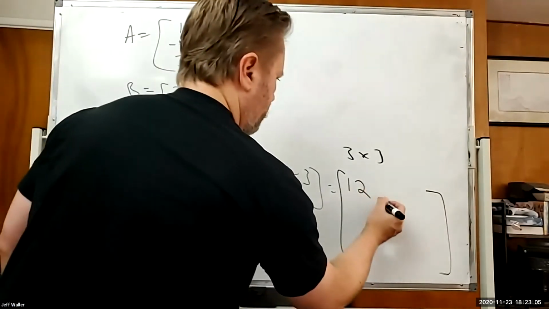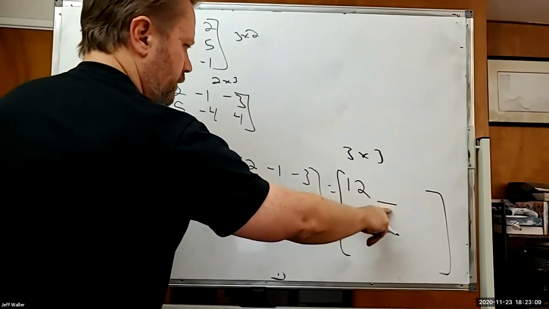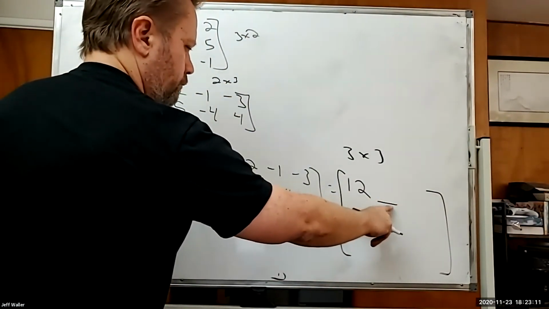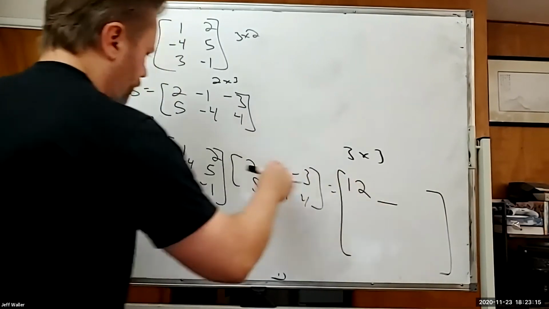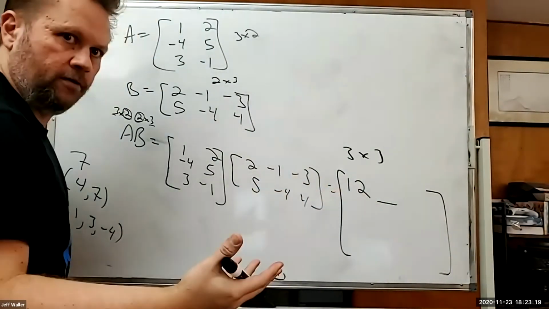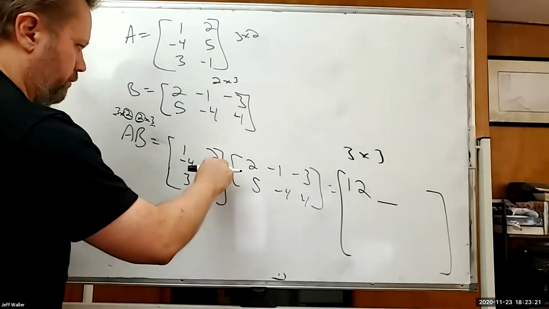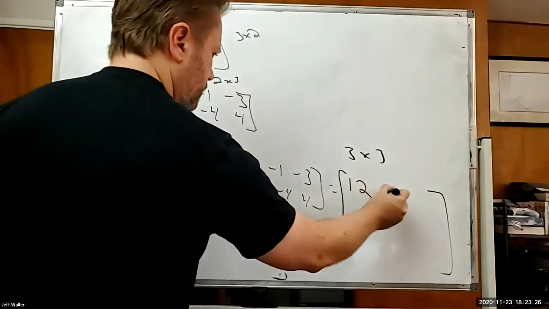Can somebody tell me what place this is? First row, second column. So that's where that answer goes. 1 times -1 minus 8 is -9.